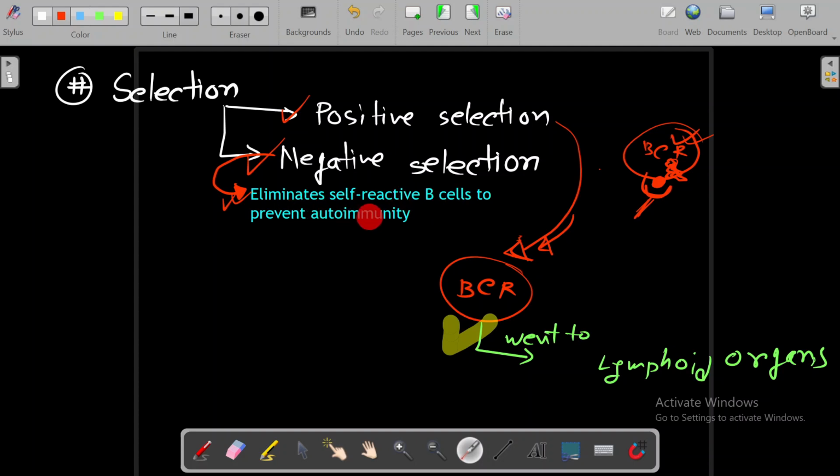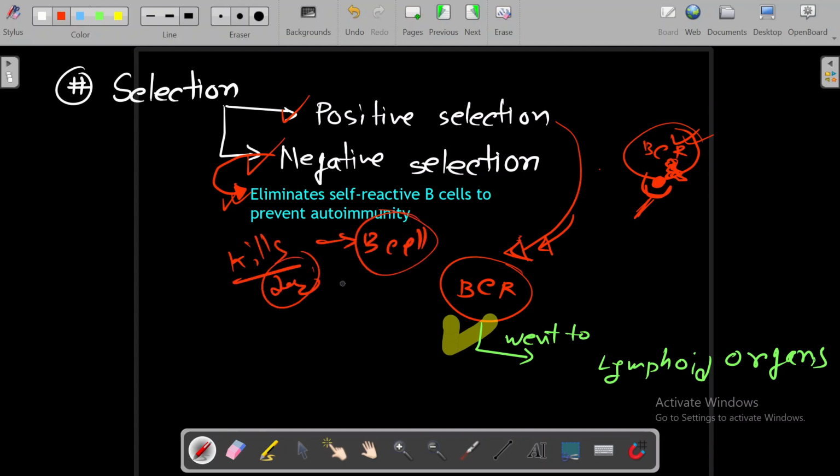If negative selection doesn't happen, then our own cells or proteins will get destroyed by these B cells. These are the B cells reactive to our body's own functioning antigens, which are needed for our body.